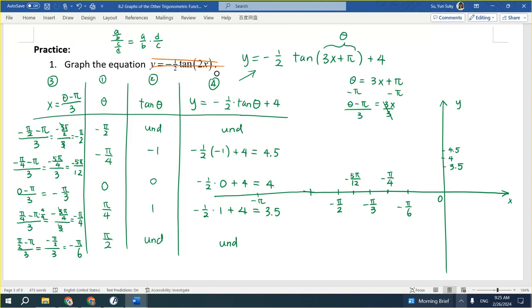When x is negative pi over 2, we get a vertical asymptote, so we put a vertical asymptote here. And when x is negative 5 pi over 12, we get 4.5, so 4.5 is here. So far, so good, everybody?